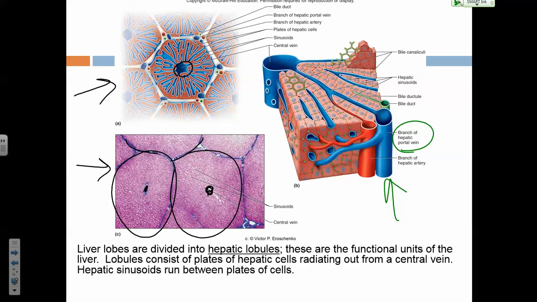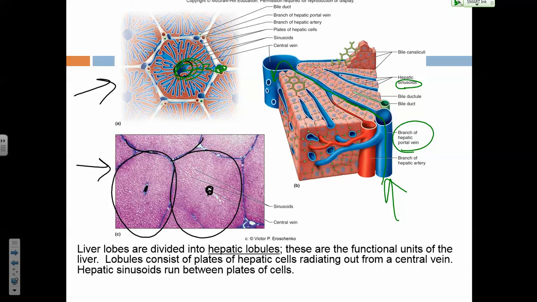And so as this blood makes its way into the lobules, it's in these little sinusoids, which is not a big deal on the test, but it feeds through these blood vessels and empties into the one in the middle, which is the same thing as that one right there. So here's a branch of the hepatic portal. It feeds through here to get into the central vein.